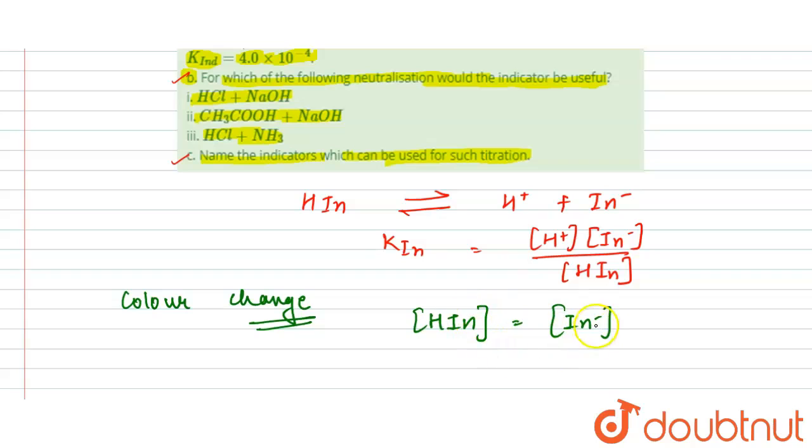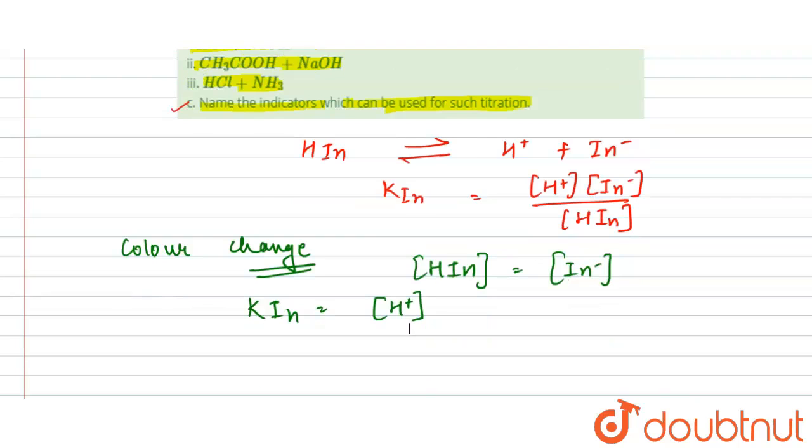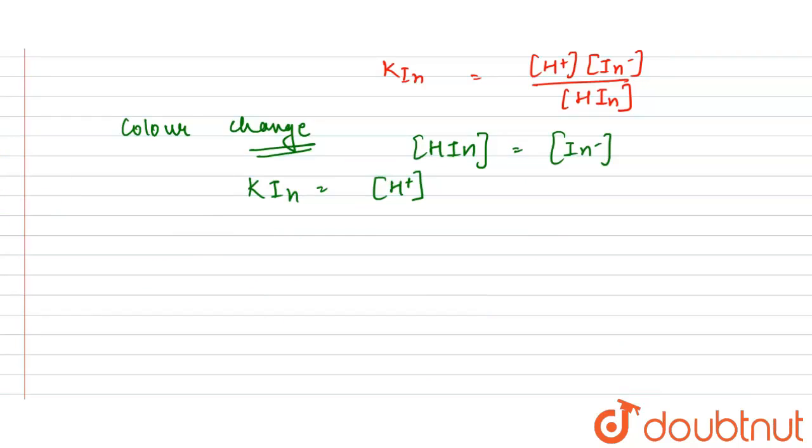Now if these two are equal, then K_In will be equal to the H+ concentration. Taking minus log of K_In and also minus log of H+, we get pK_In equal to pH.